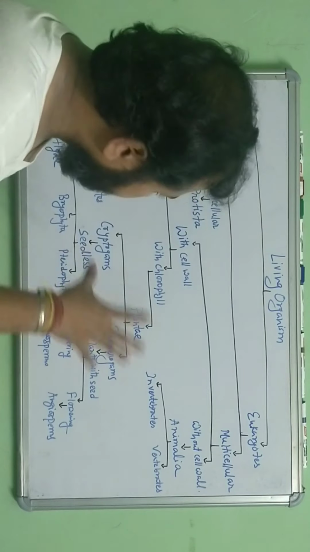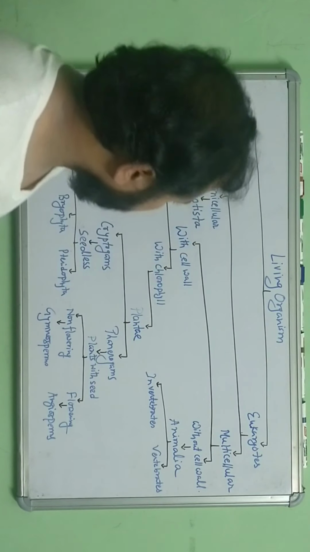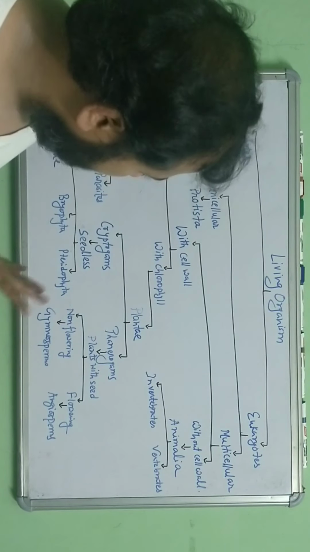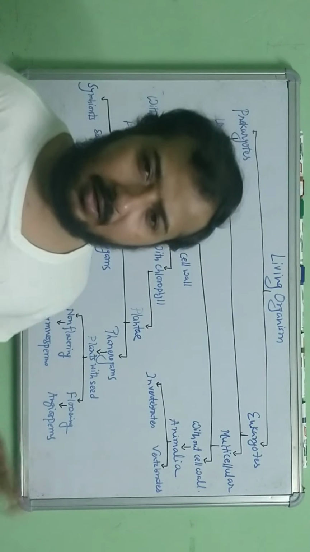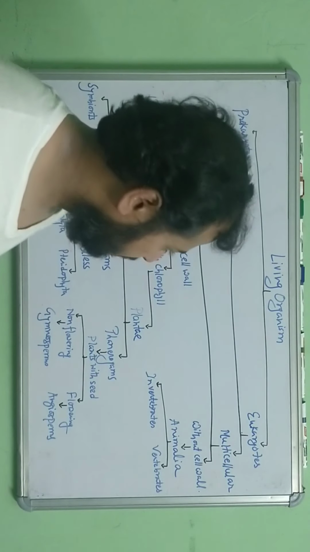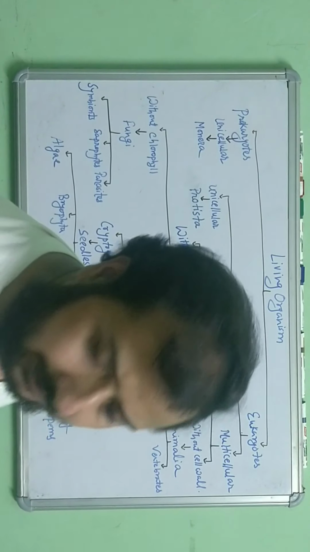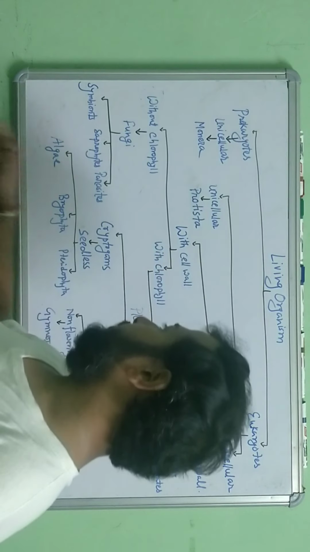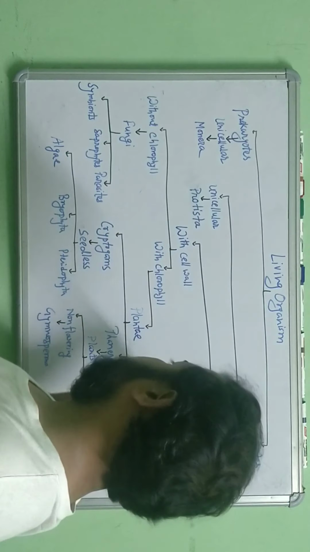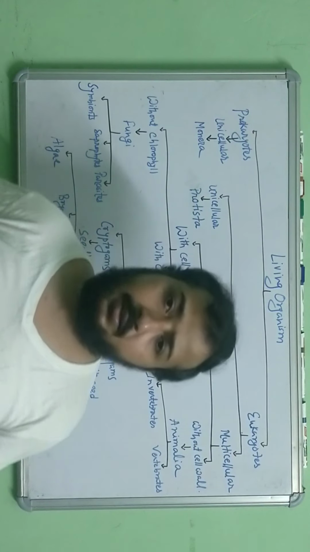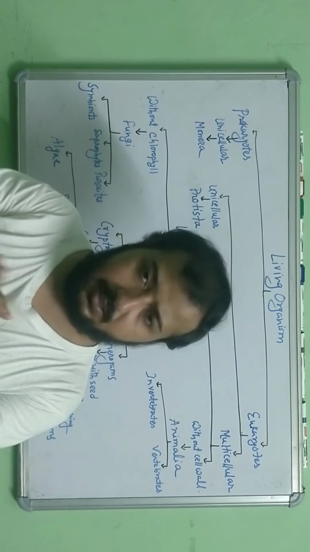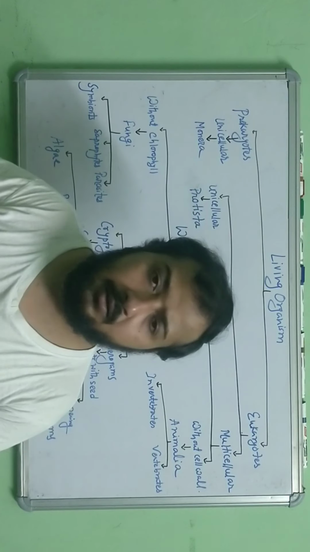Understood? So these are a few categorizations, fundamental divisions. There are many more in higher classes, but for you this much is enough. Then we will be discussing the bacteria details, protista, all the organisms separately in the next videos. So this is it for today.